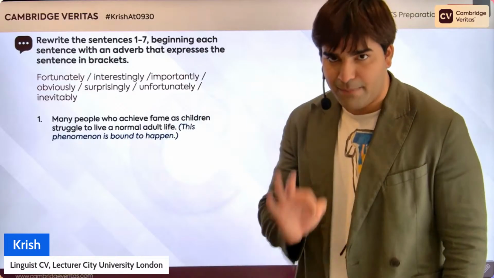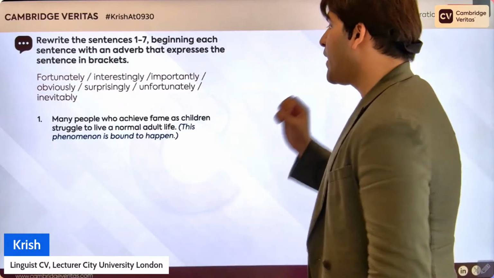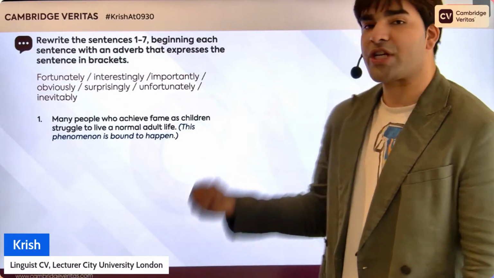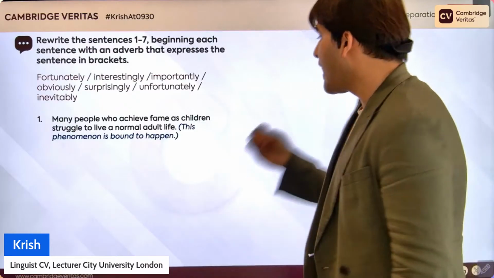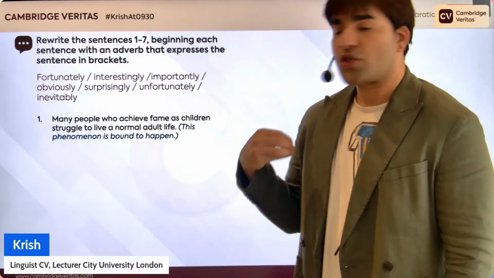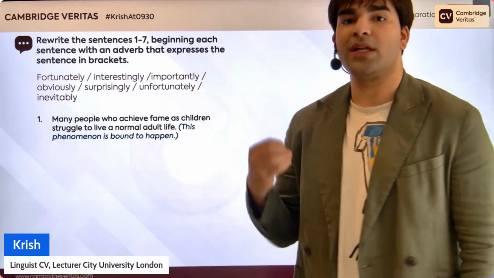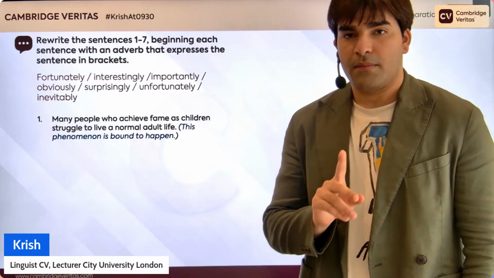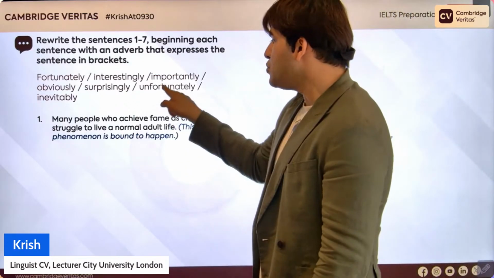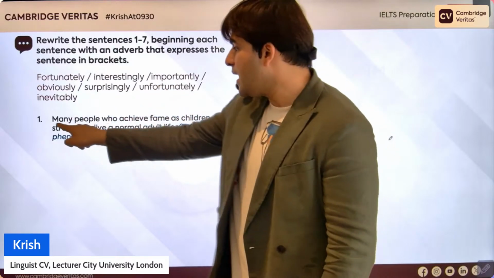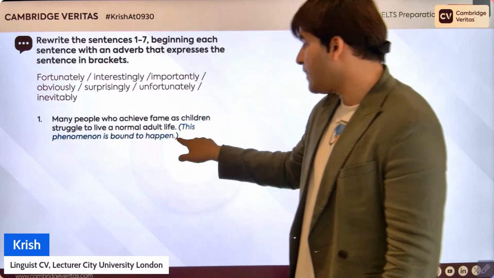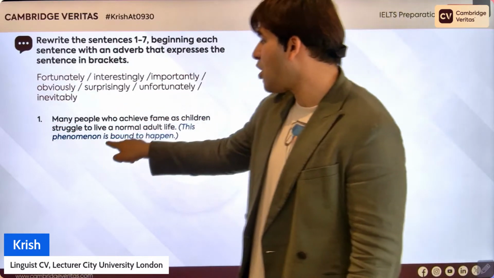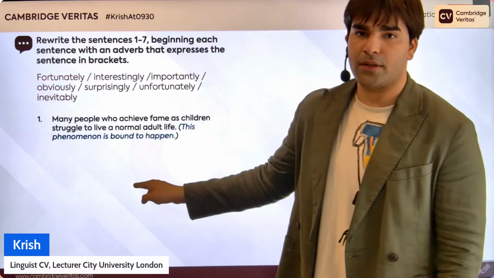So the first example is: many people who achieve fame as children struggle to live a normal adult life. But you have to use a word from the list at the beginning of the sentence that means this phenomenon is bound to happen.